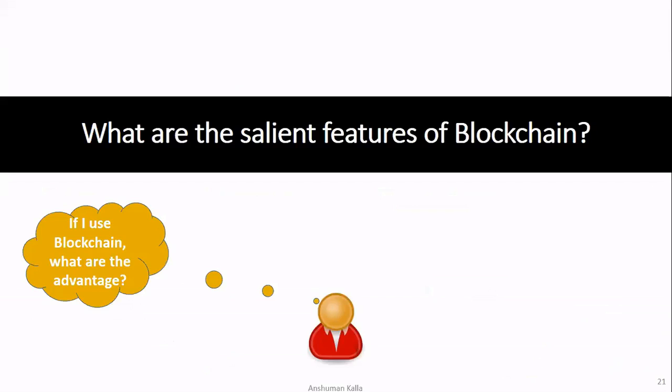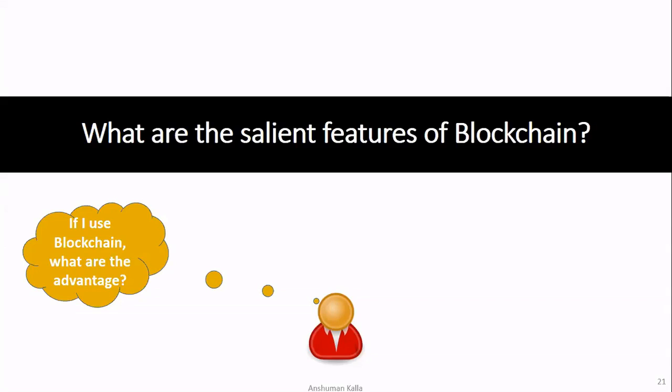All right. So let's quickly go through the salient features of the blockchain system. Normally, these days enterprises and companies are looking to take their systems and map their existing business processes over the blockchain to leverage the technology.